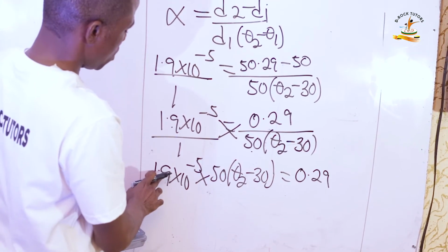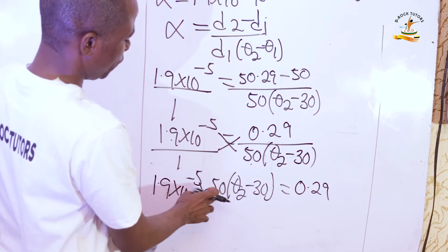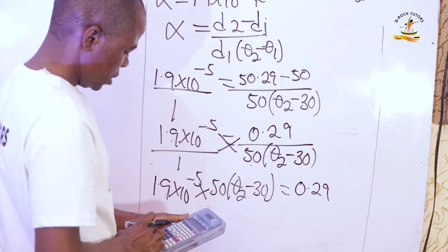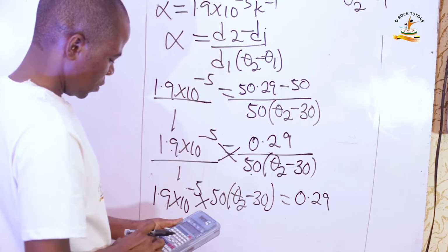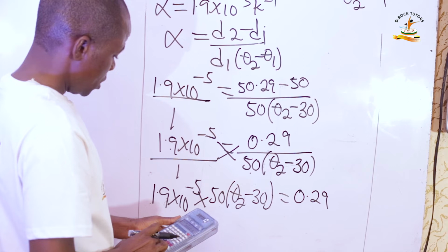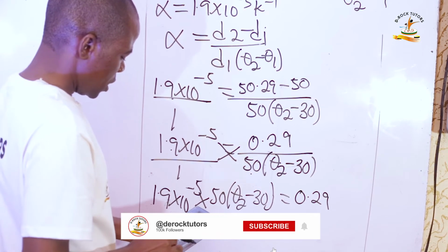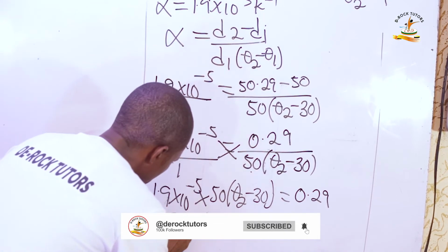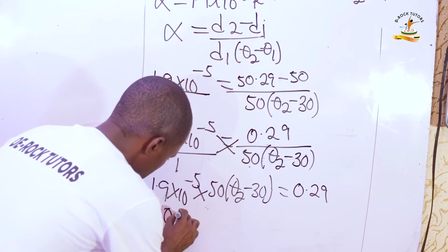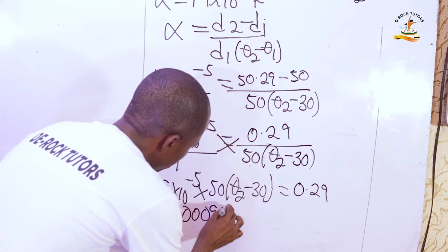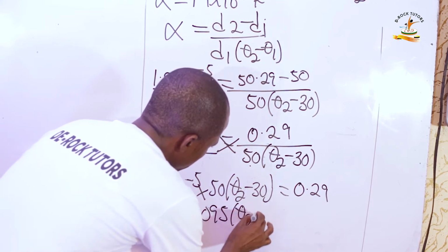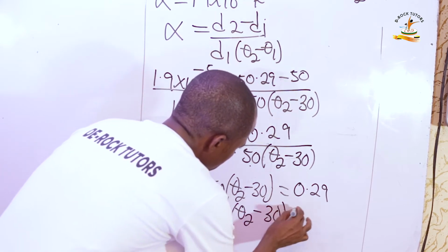So if you multiply 1.9 times 10 to the power minus 5 by 50, what do we get? That gives us 0.00095 into theta 2 minus 30 is equal to 0.29.